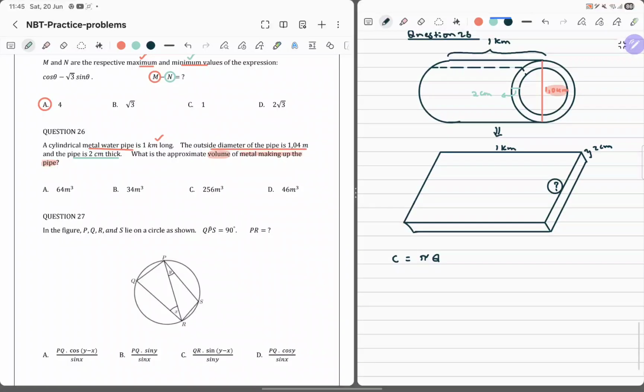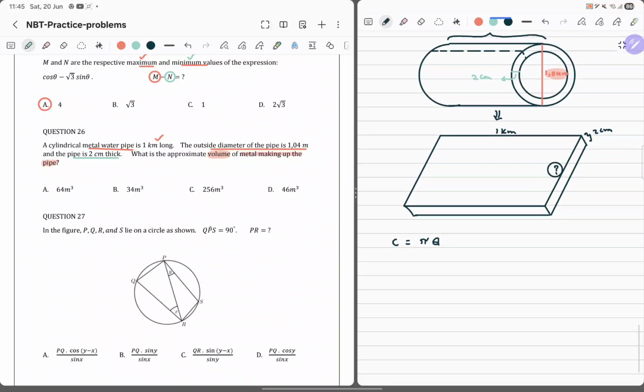Now, we were told what the diameter is. So the circumference is going to be pi times 1,04 meters. But since everything is in kilometers, why not change to meters? The answer is in meters, so this is cool. We leave it like this.